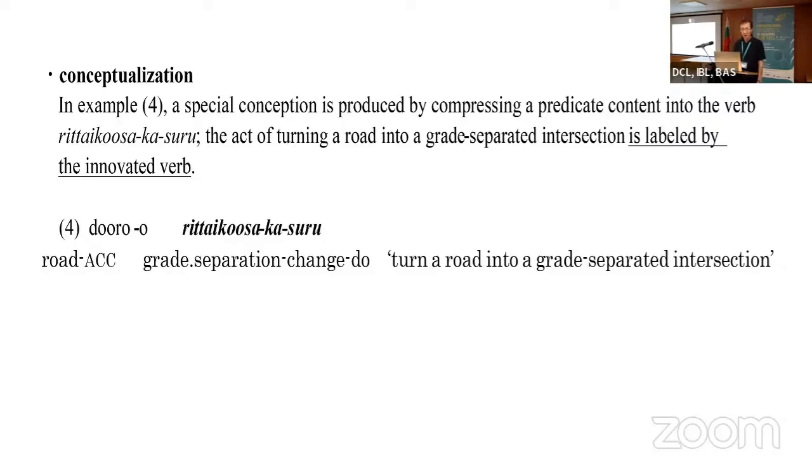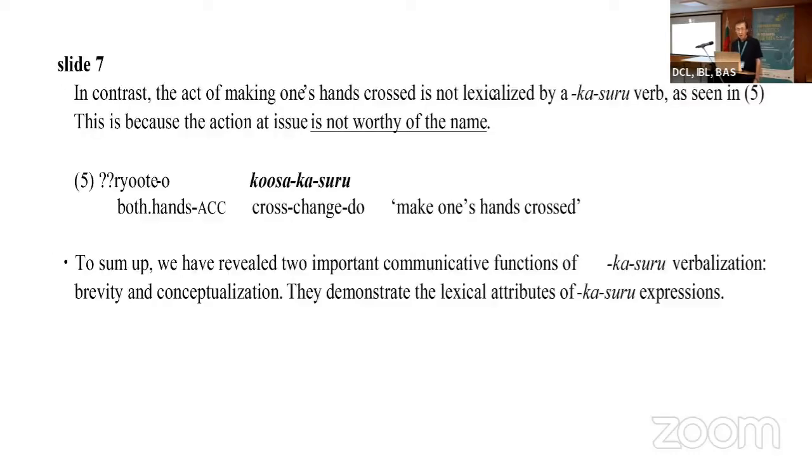So 道路, road, を accusative, 立体交差, grade separation, 化, change, する, do. So 道路を立体交差化する means turn a road into a grade separated intersection. In contrast, the act of making one's hands crossed is not lexicalized by a kasuru verb as seen in 5.